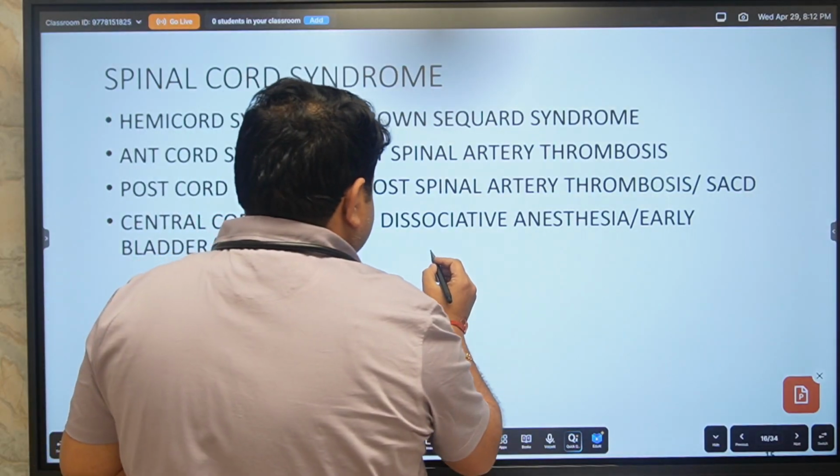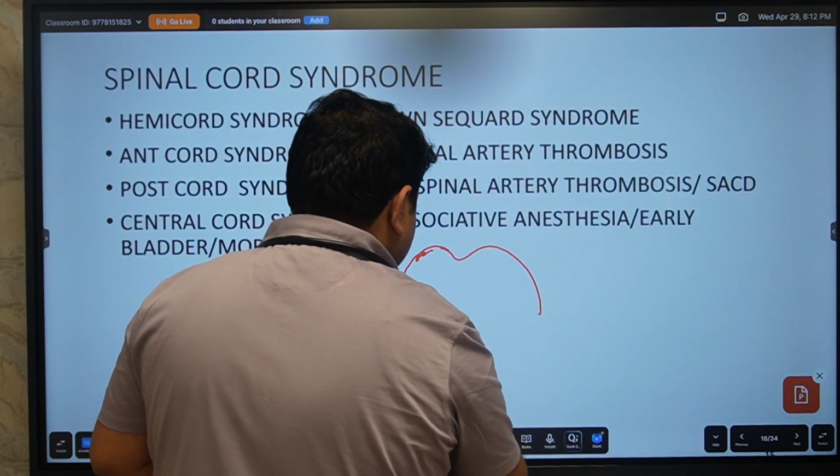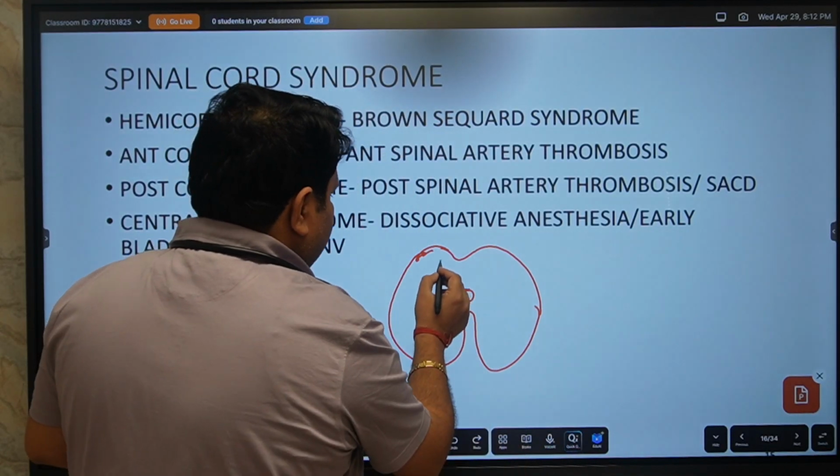Basically, as we discussed, this is the spinal cord.